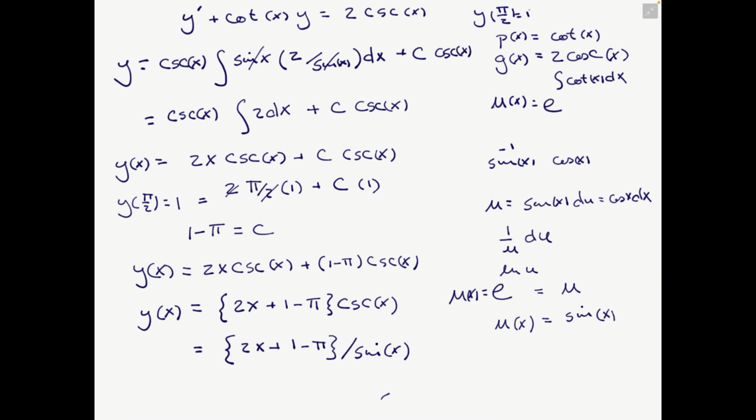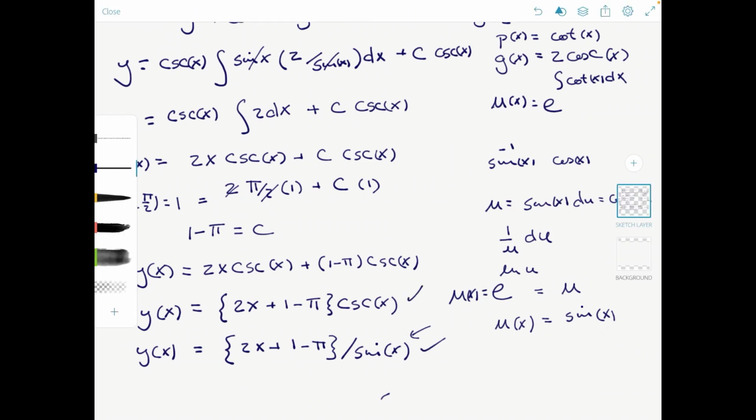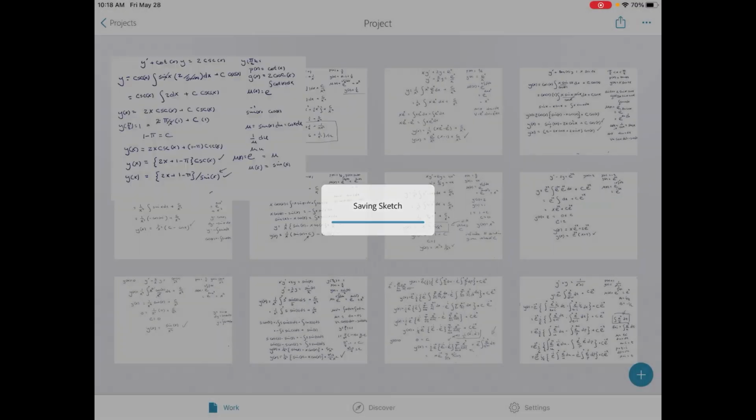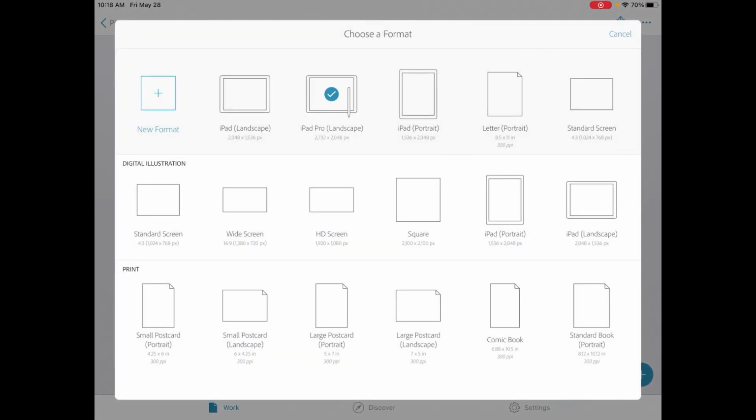They put it back into familiar form using sine instead of the cosecant. So they're both correct, and we can move on.